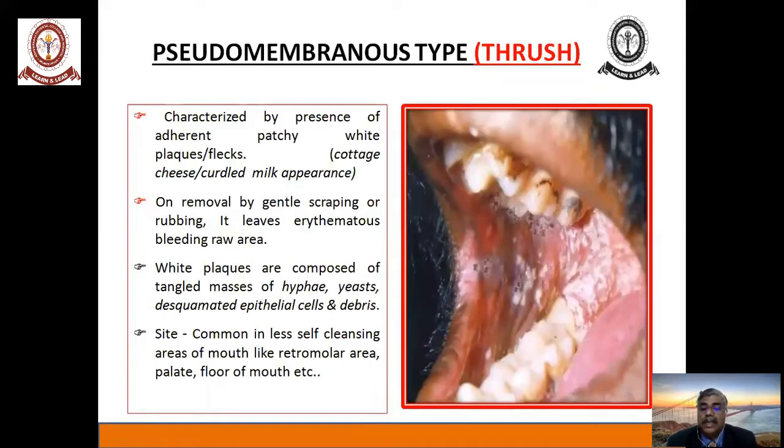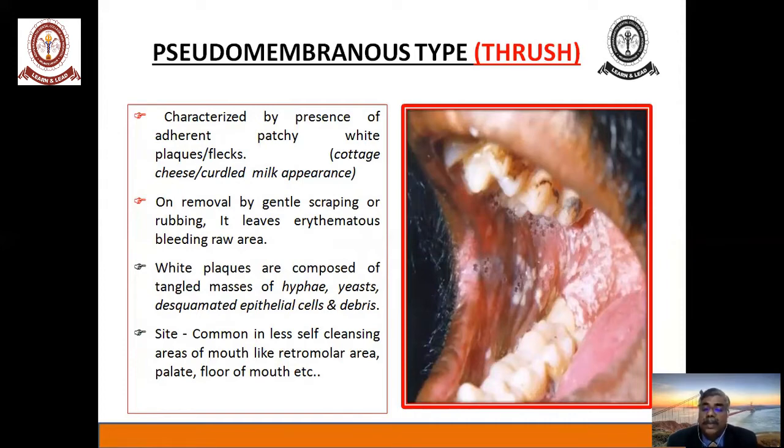First, let me discuss the most common type of oral candidiasis, pseudomembranous candidiasis, which is otherwise called oral thrush. It is characterized by the presence of yellowish white patches, plaques or flecks, which resemble cottage cheese or curdled milk. So these white spots or white pseudomembrane can be easily removed by scraping that area with a piece of cotton or gauze.